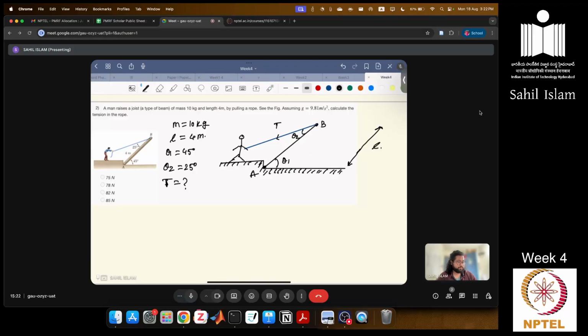So to find out the torque of this beam, we assume that the weight of this beam is acting downwards from the center point. So if this whole thing is L, this part is at L by 2. Okay, so from L by 2 it is acting downward. Let's name this point as P.